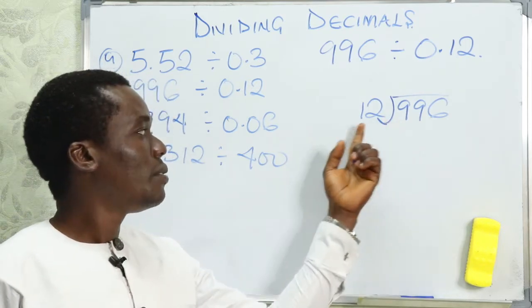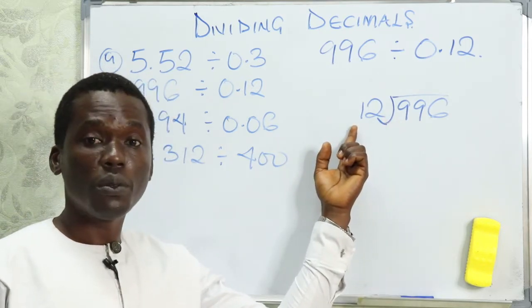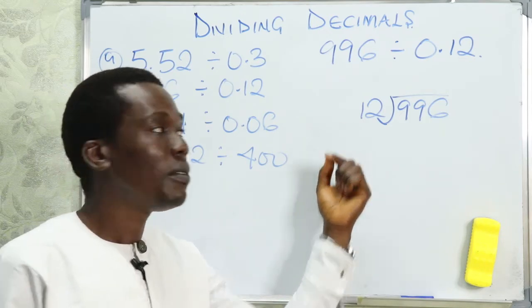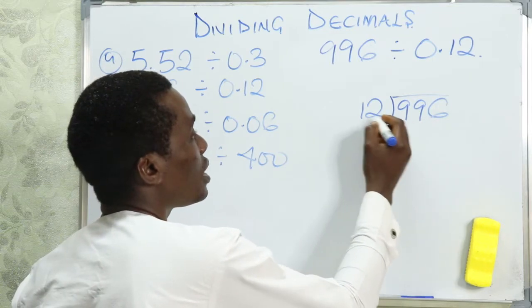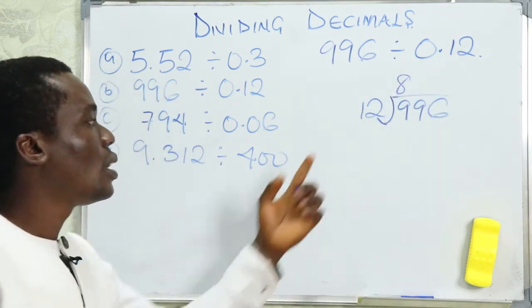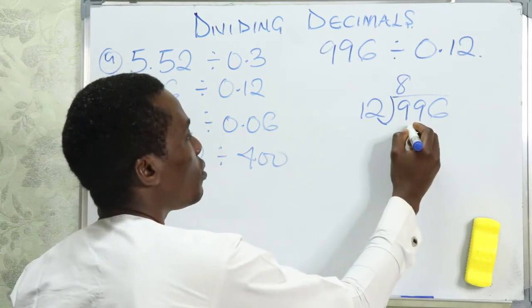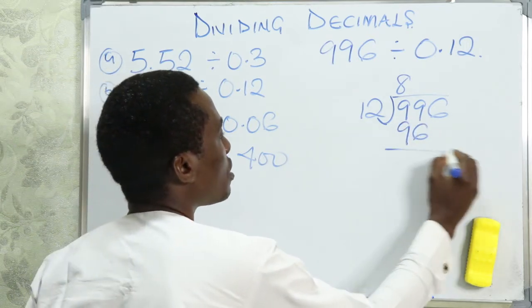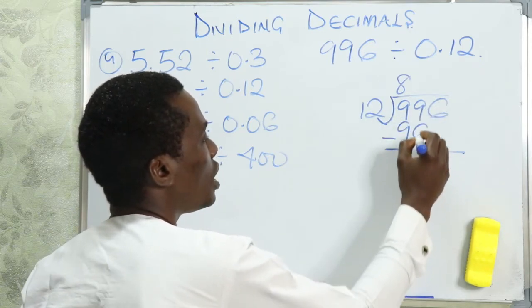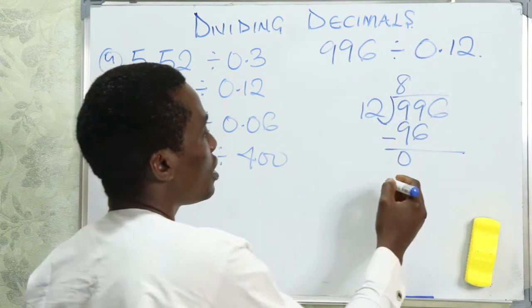So you see, 9 divided by 12 is not possible. So we are going to look at 99. So 99 divided by 12 will give you what? 8. 8 times 12 will give you what? 96. So you subtract this, you have what? This will give you 0, and this will give you 3.